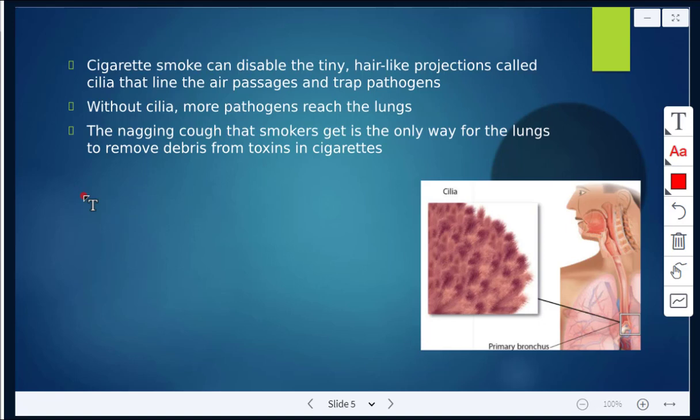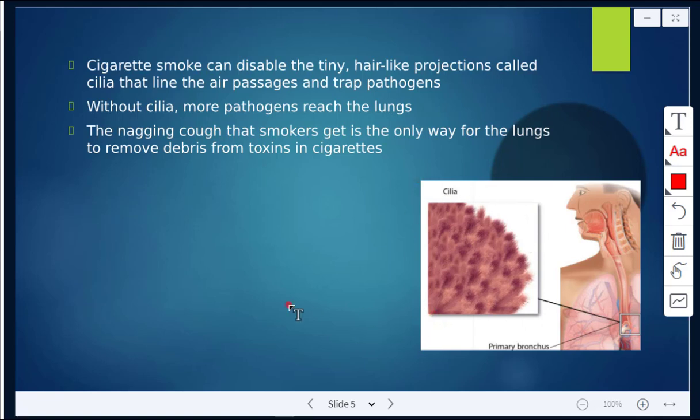All right, this is just showing the cilia. These are hair-like projections called cilia. They line our air passages, shown here, like the windpipe, and they function to trap pathogens. So people that smoke, so smokers, their cilia get damaged, and therefore the cilia can't function properly.